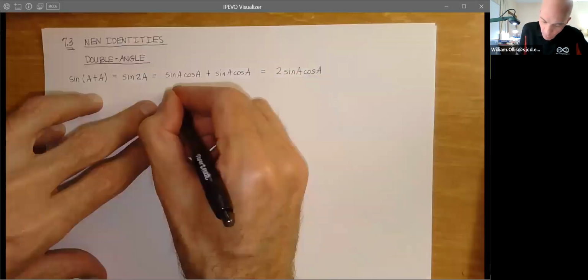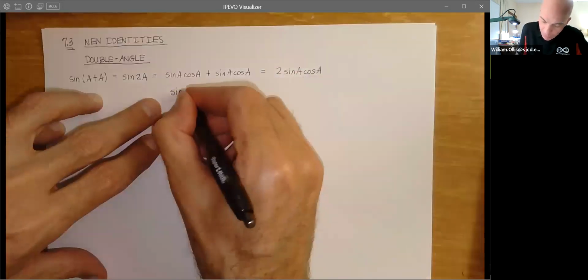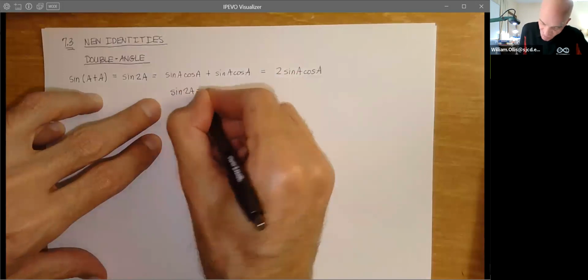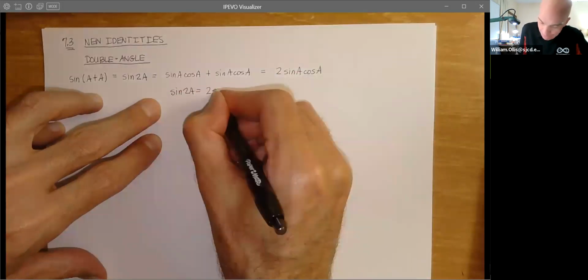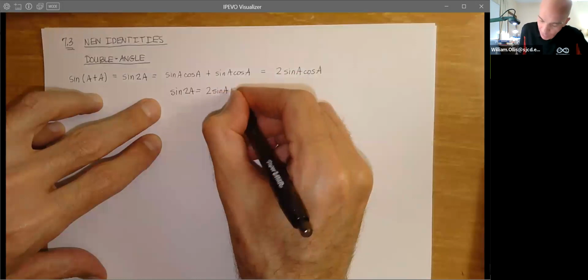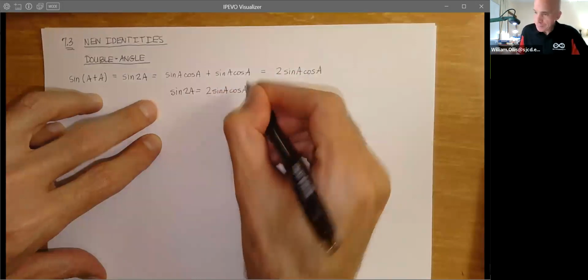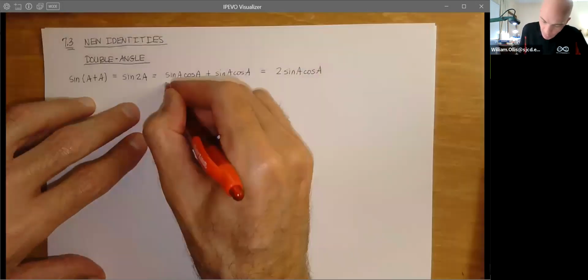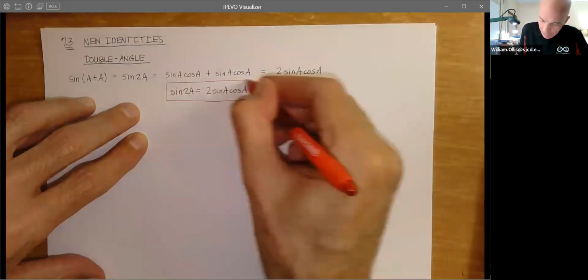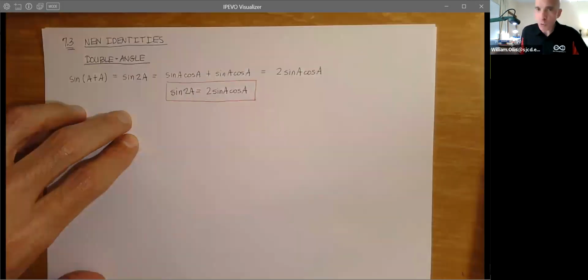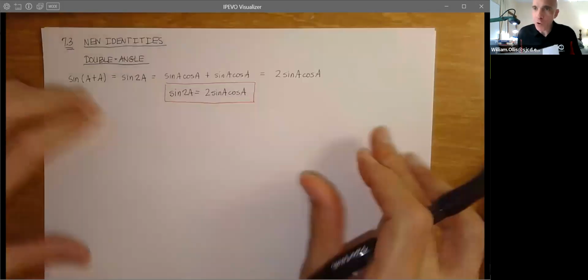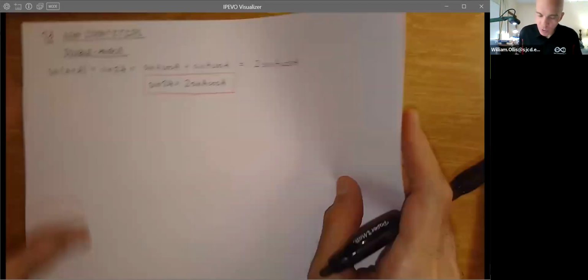Very, very useful formula. This will come up quite a bit in your work. Sine of the double angle. So there's a new one right there. So really, we just have to remember 1 through 4 from the first page. 1 through 4, we're in good shape.